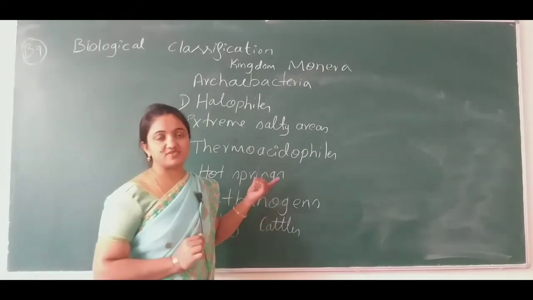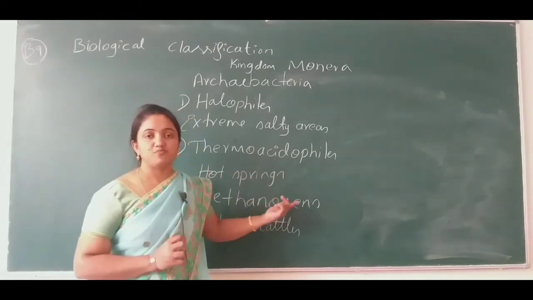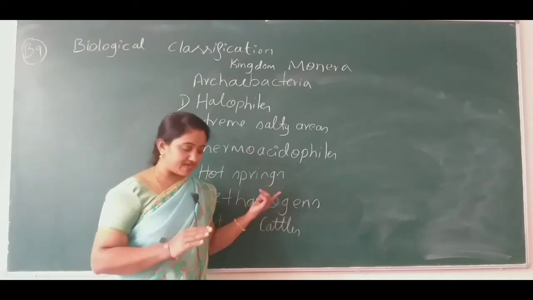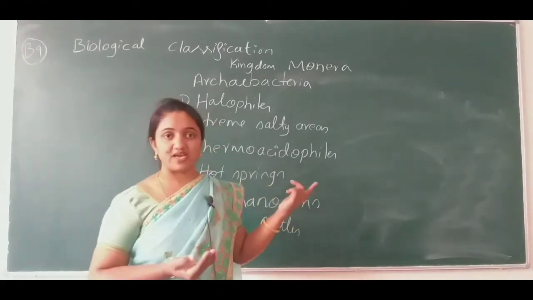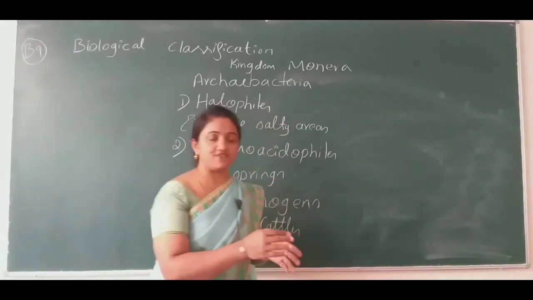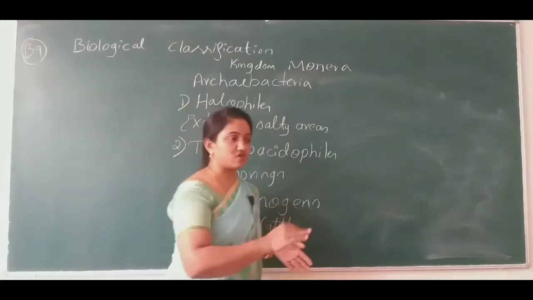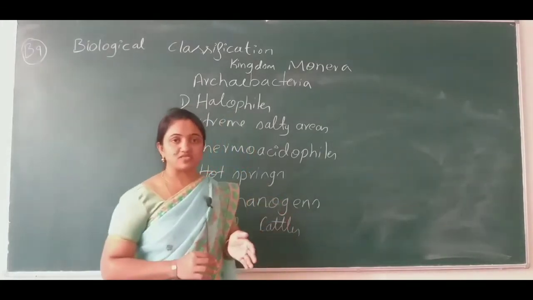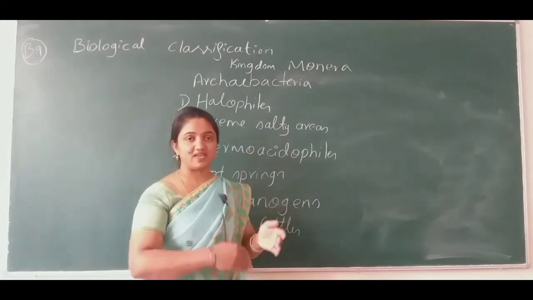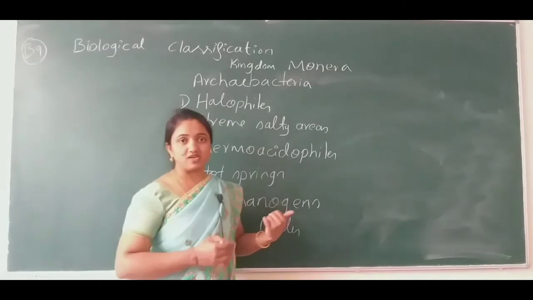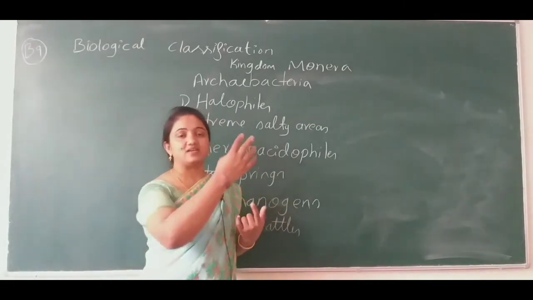You might have heard about methane gas or biogas. How do they produce the biogas? There will be an underground tank, and to that tank cow dung slurry is passed. After the fermentation of the cow dung, one gas is released.